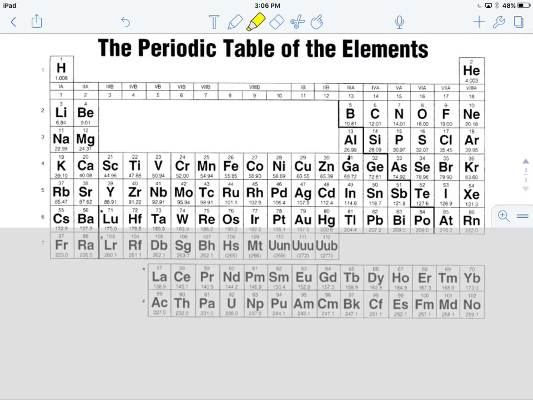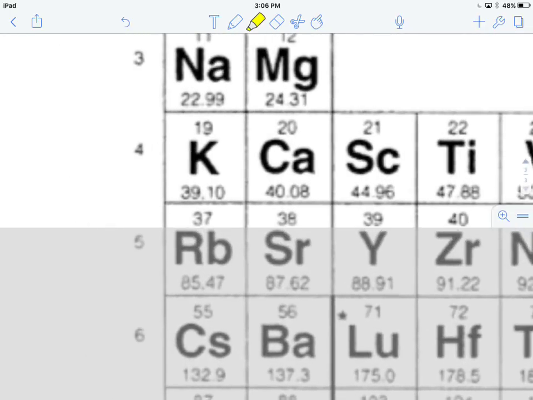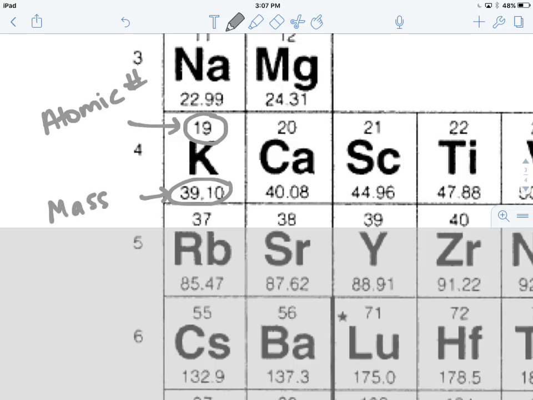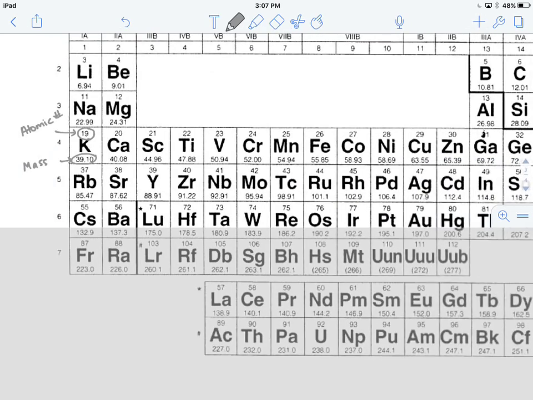Here's the periodic table. Potassium is K. And what we see right here is the atomic number and the atomic mass. This is 39.10. Obviously, we're going to round that off. So let's go back to our note here.